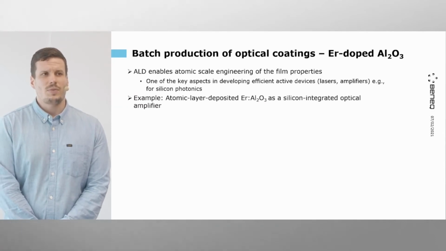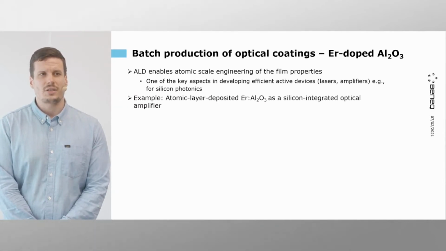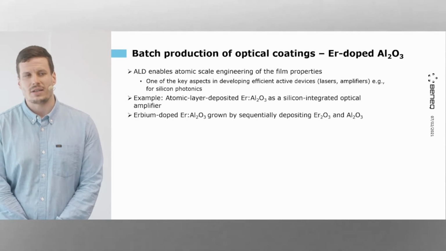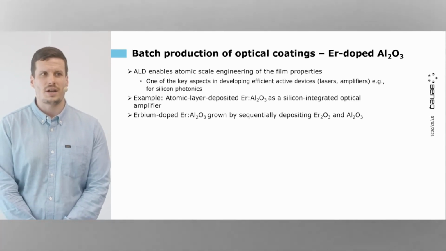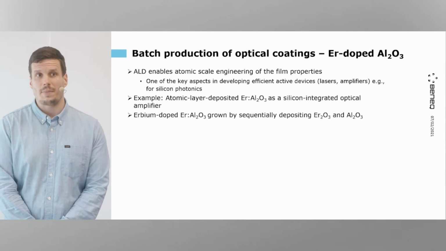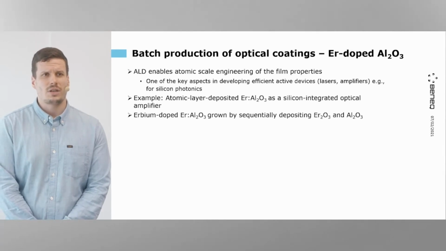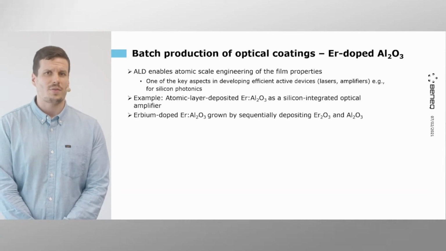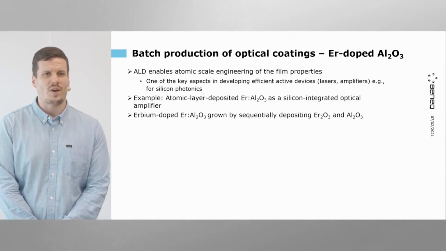In this example, we studied the interplay between two materials, erbium oxide and aluminum oxide. Erbium, which is one of the 15 lanthanides, is actually one of the most studied materials in optical applications, simply because it lies in the heart of optical communication networks as a part of a component known as the erbium-doped fiber amplifier.